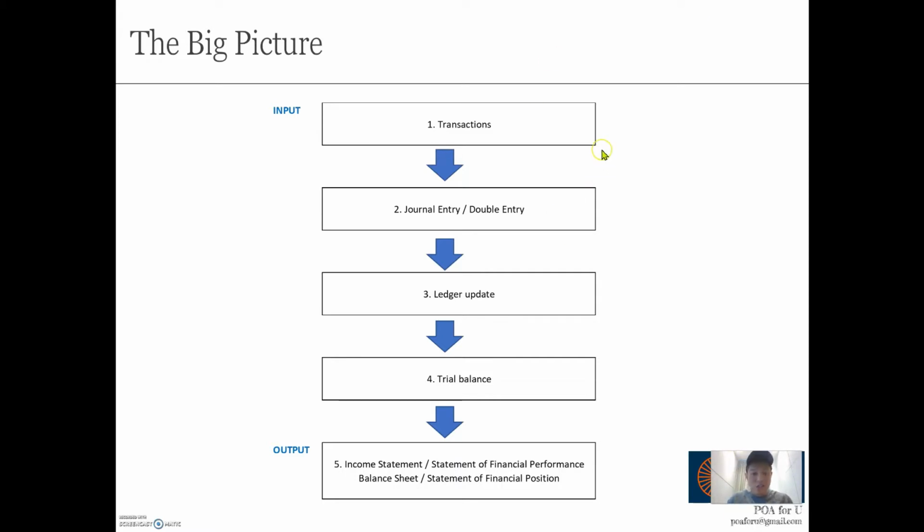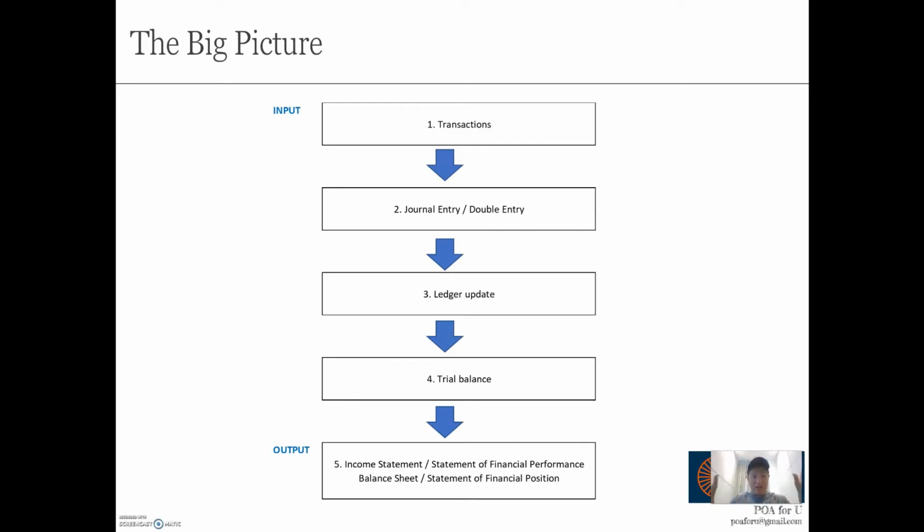Then these decisions would translate into accounting entries, the double entries, and these double entries would be updated in different ledgers, whether it's the motor vehicles ledger, the general expense ledger, the sales, purchase, journals and stuff like that.